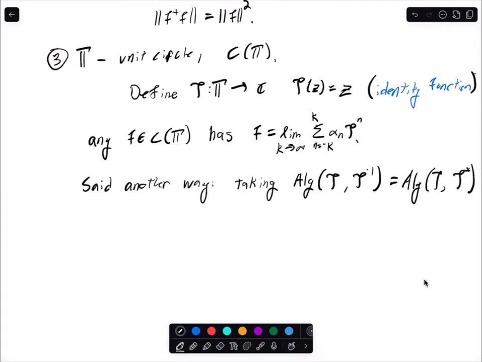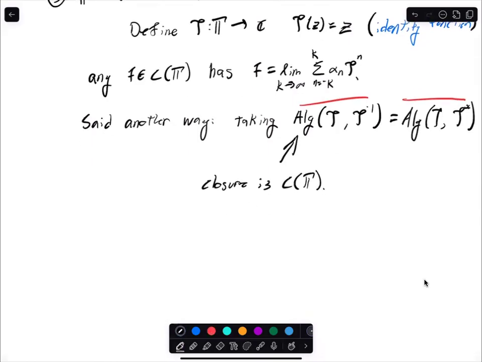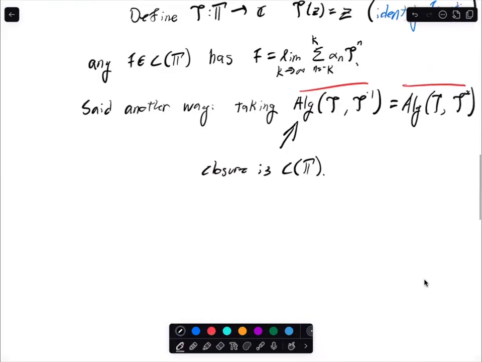Then this says that its closure is the continuous functions on the circle. So actually, this is generated by a single operator. So C of T is generated by zeta and its adjoint.